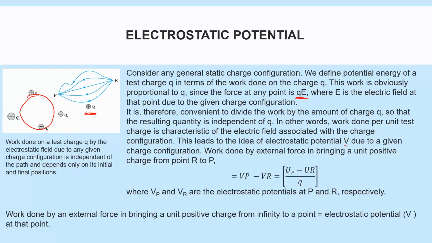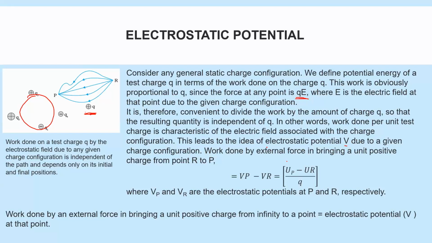Previously we had talked about the potential energy of the test charge Q due to the electric field present because of a charge placed at the origin. So now we are going to get the understanding of electrostatic potential due to a given charge configuration.